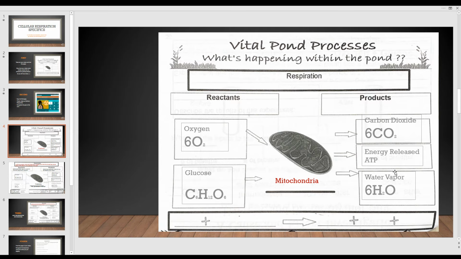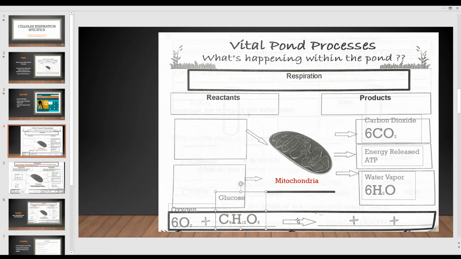Next, we want to use our notes to create the formal chemical equation from left to right for cellular respiration. So once again, we're going to move our reactants down to the bottom. 6 molecules of oxygen are added to 1 molecule of glucose.